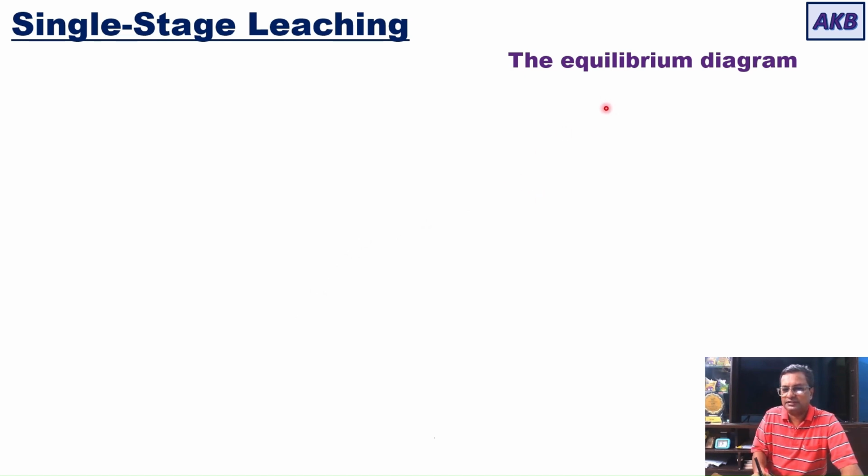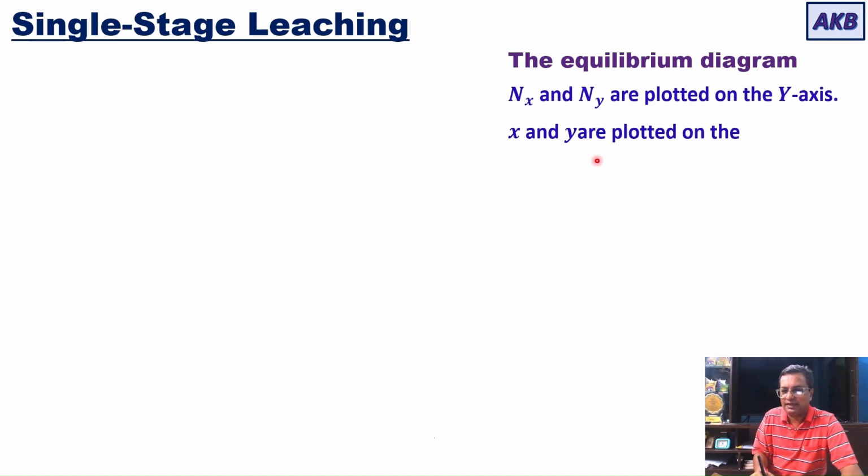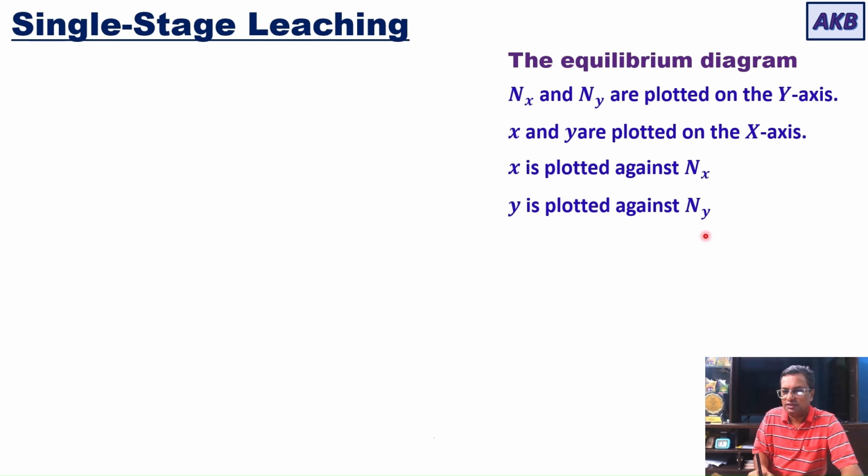Now, we will follow all those material balance equations on the equilibrium diagram. So, what is this equilibrium diagram? We are going to plot Nx and Ny on the y-axis, and x and y on the x-axis. The plots are obtained in this way: x is plotted against Nx, and y is plotted against Ny.